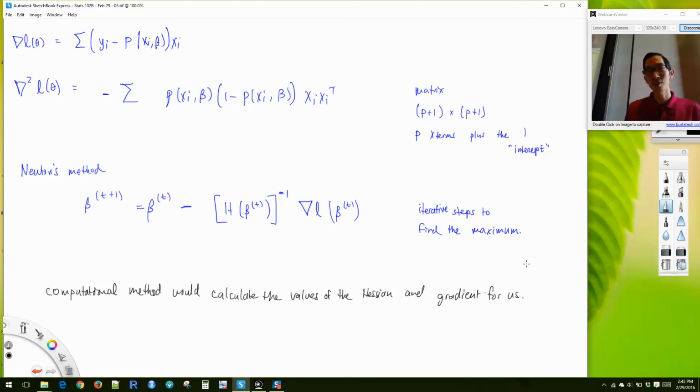You'd have to do some mathematics to come up with an equation for how you minimize with respect to one variable at a time, or you have to use a lot of expensive computational power to search for the minimum with respect to one variable at a time. So that's what we have there.